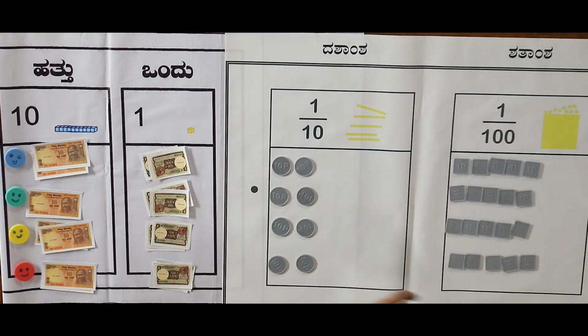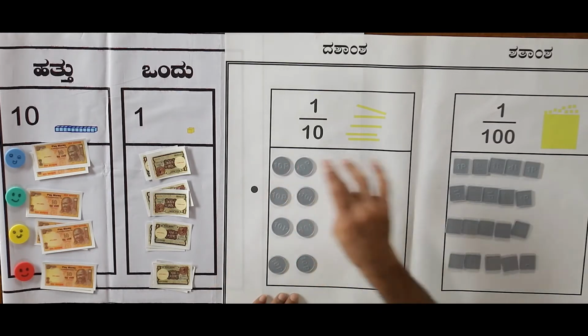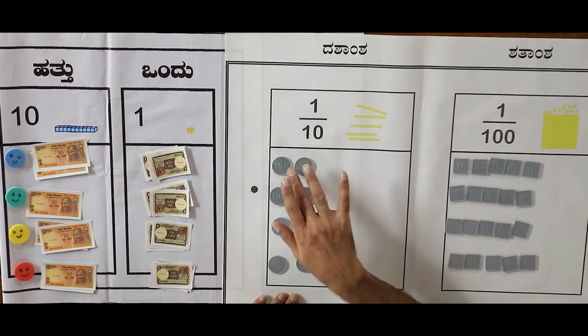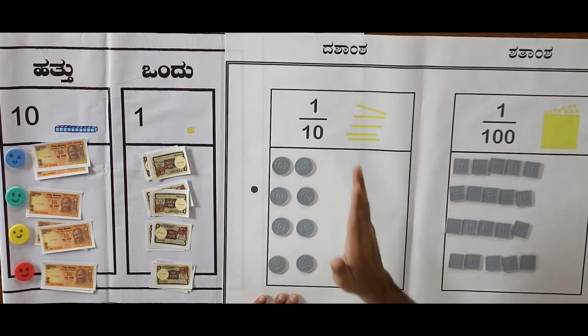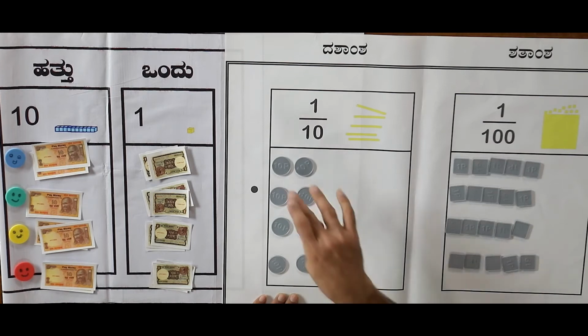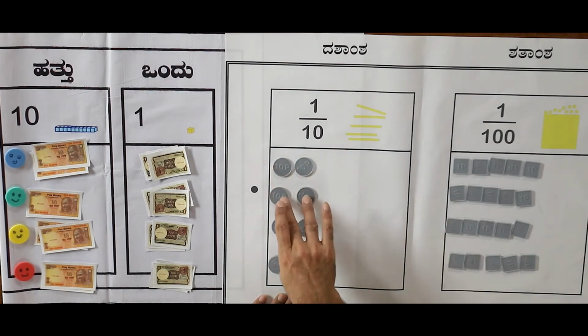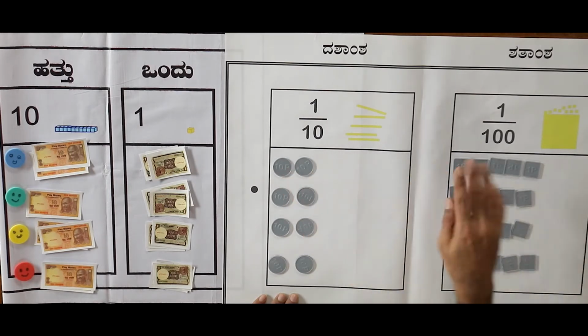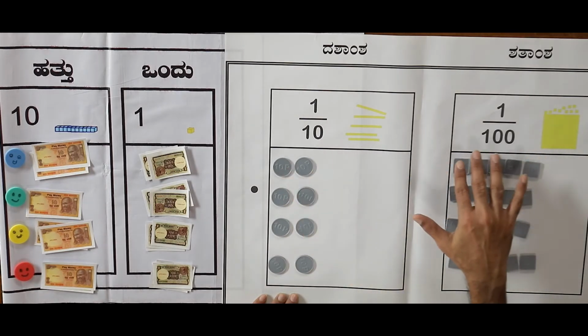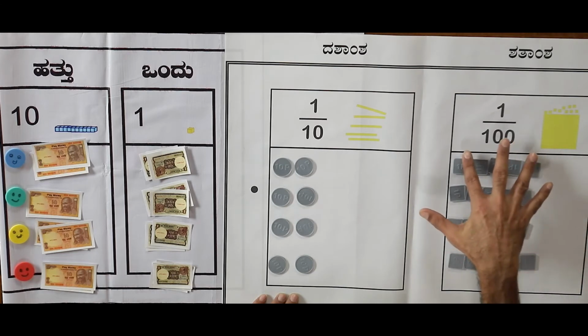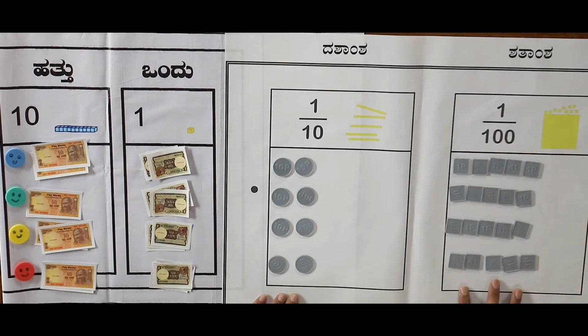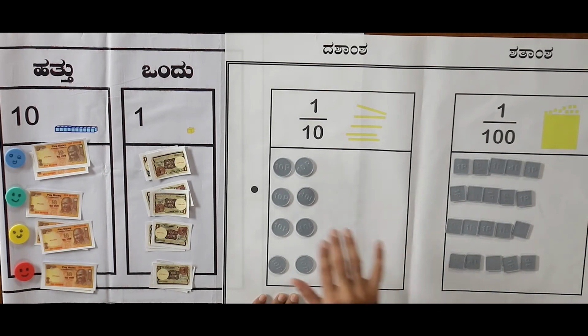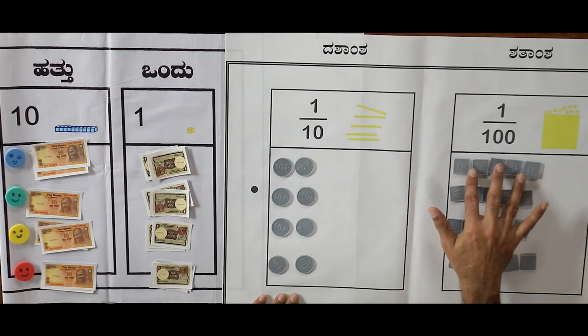So that 1 rupee we divided, and 25 paisa out of 100 paisa. So we divided that and got 10 paise coins, and the remaining were divided into 1 paise coins, and when we distributed them equally, everyone got 5 paise. So totally 25 paise.